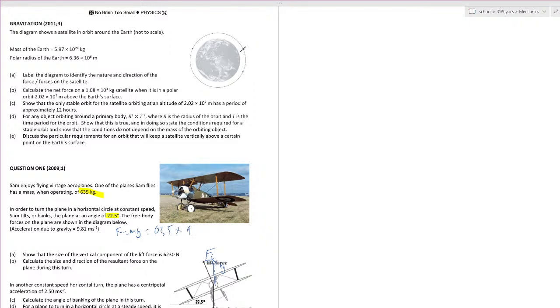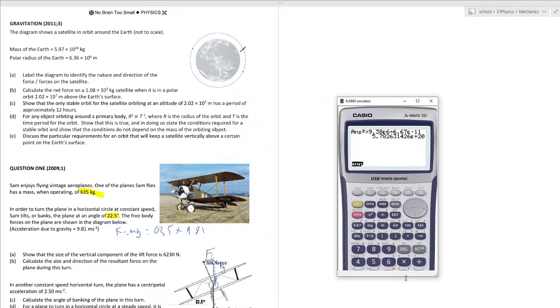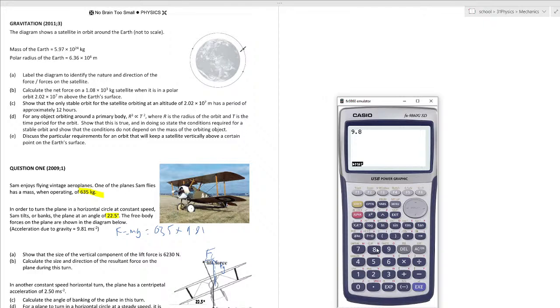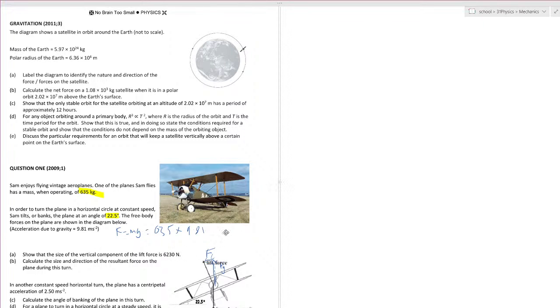We're going to multiply that by 9.81, and we're going to get 6229.35. So that's the same as that.